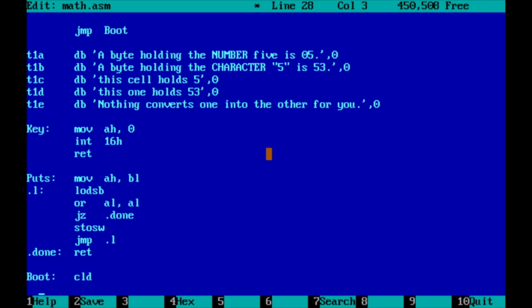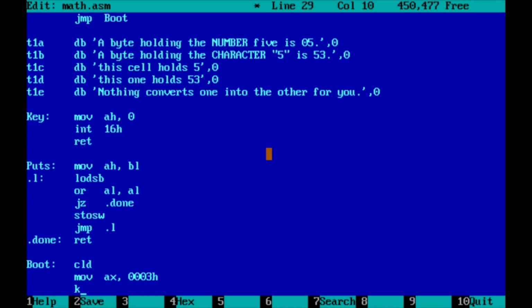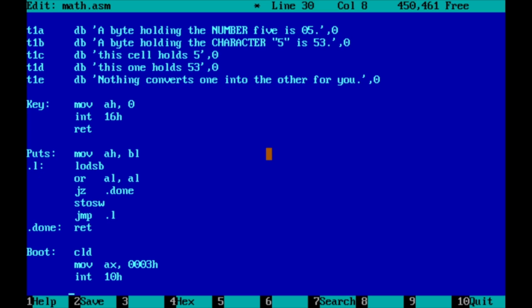Now the machine. Mode 3 is the text screen, 80 by 25, and setting the mode clears it for us.